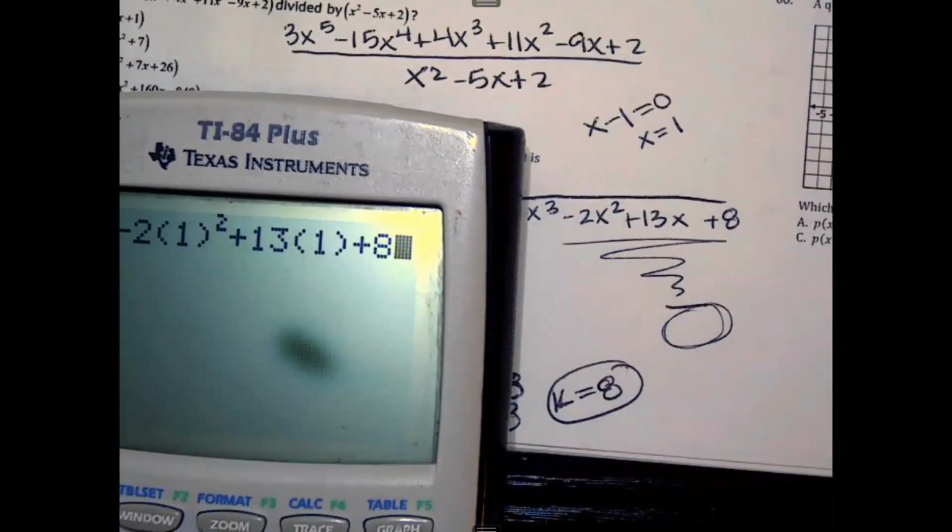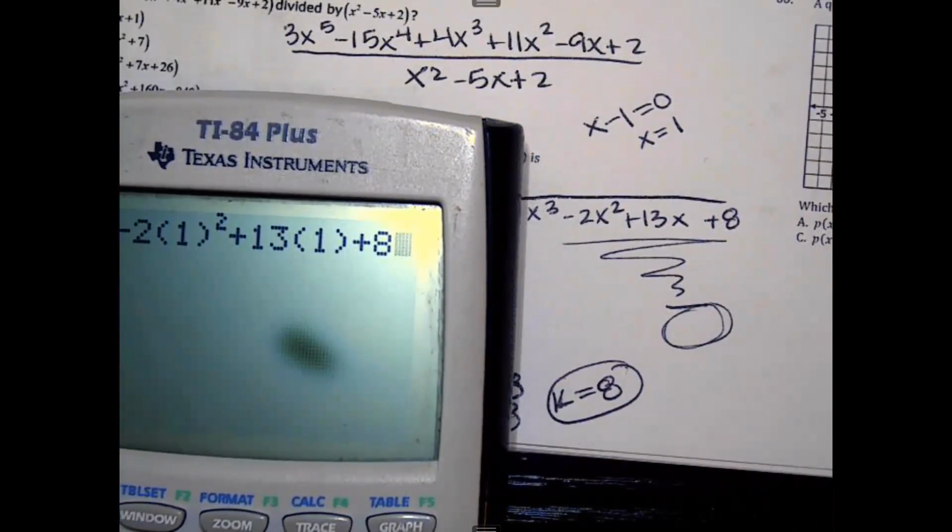I'm going to see what it evaluates to be, and whatever that is, that's the remainder. Does that make sense? So that means we didn't have to do any division for this problem because we used the remainder theorem for the whole thing. That's what got us out of doing division, the remainder theorem.